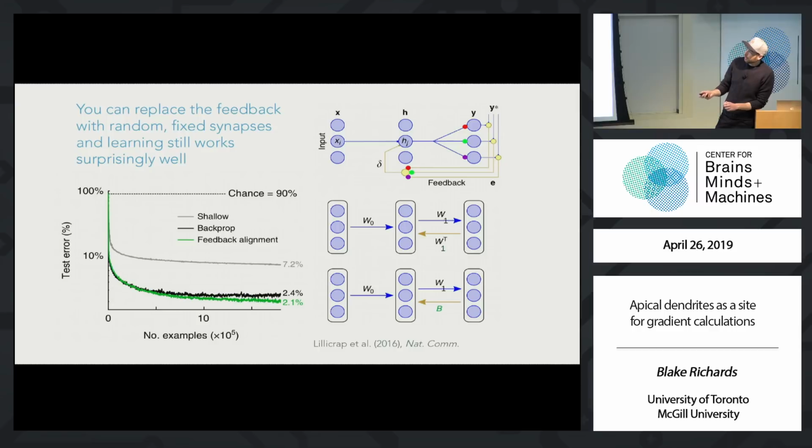One of the things that my friend Tim Lillicrap showed a few years ago is that if you have a neural network where you replace the transpose of your feed-forward weights with a random fixed feedback matrix, then learning actually seems to proceed well enough, because the feed-forward weights align themselves to the feedback weights such that you end up approximating the gradient in the way that I showed you earlier.